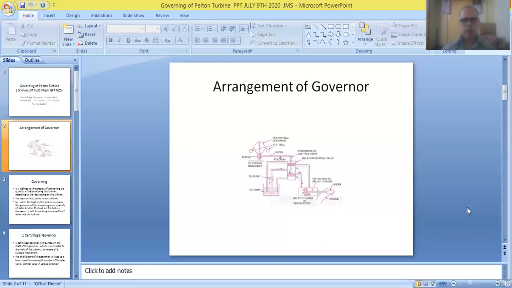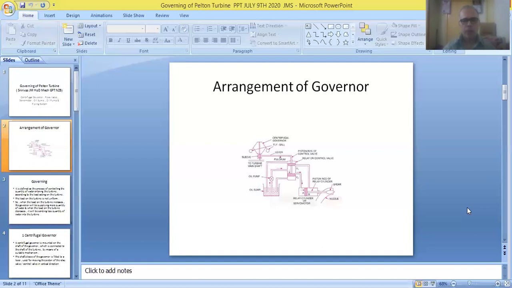We can see the centrifugal governor on the top of the diagram, left hand side top. This governor looks like a pendulum. During the operation of this governor, it will be continuously rotating in a given direction.